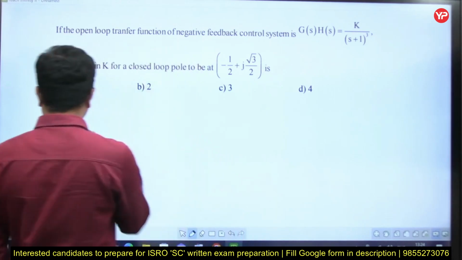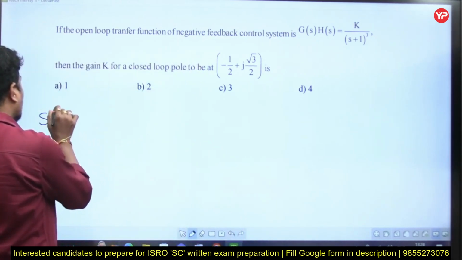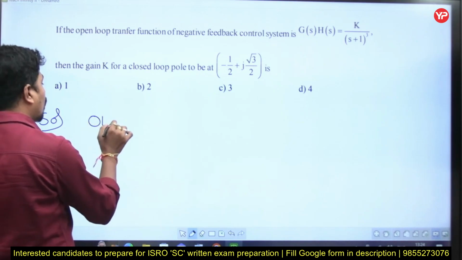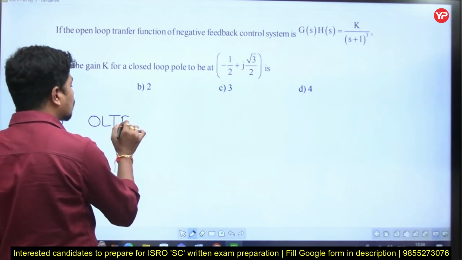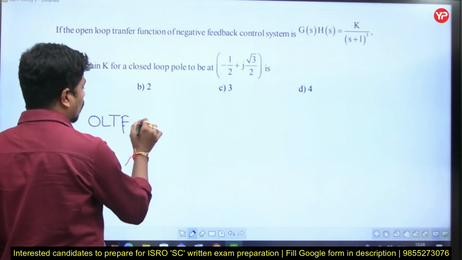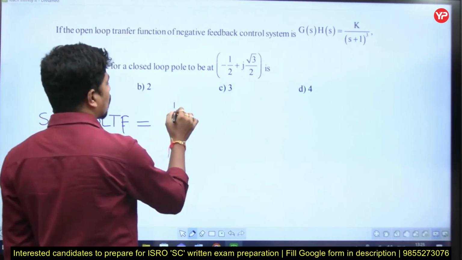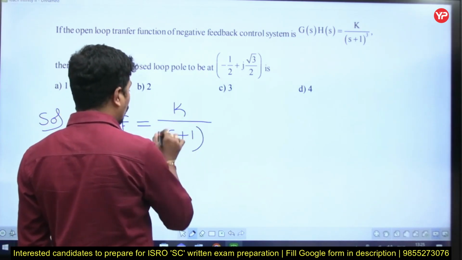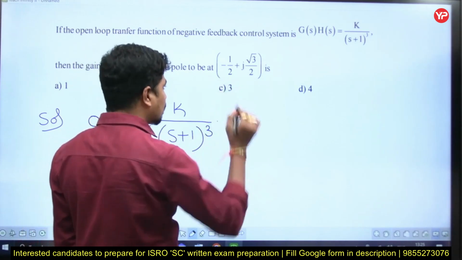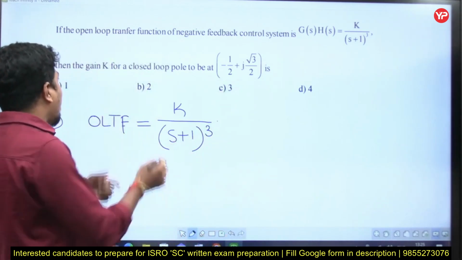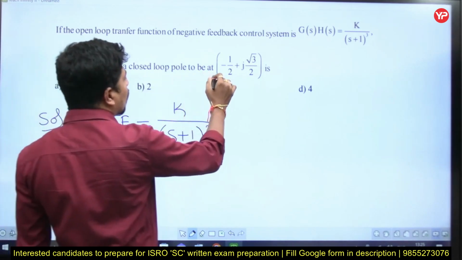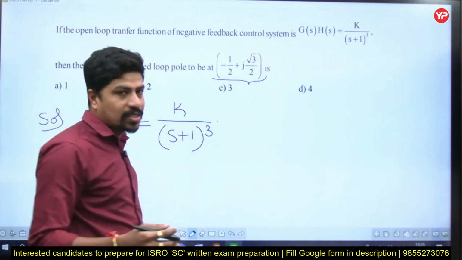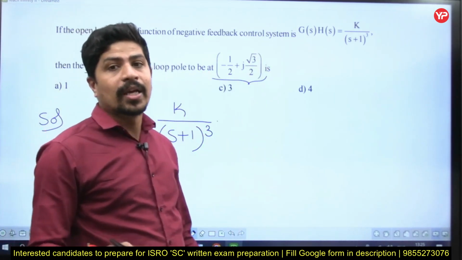He is saying that the open loop transfer function of a negative feedback system is K/(s+1)^3, and he is asking us for what value of gain K this particular pole -1/2 + j√3/2 will be the root.